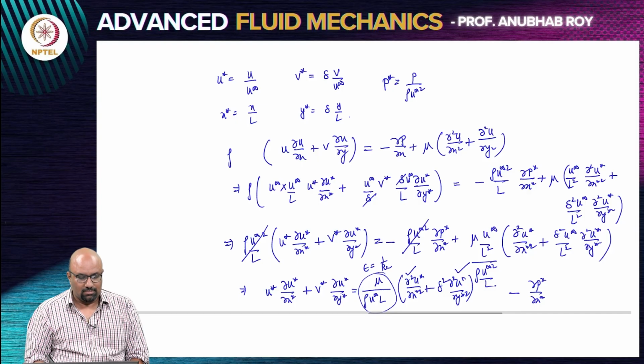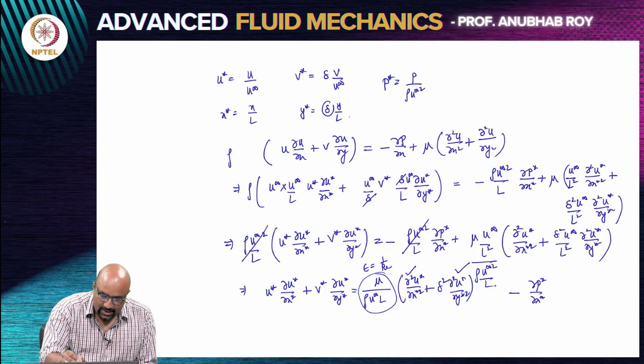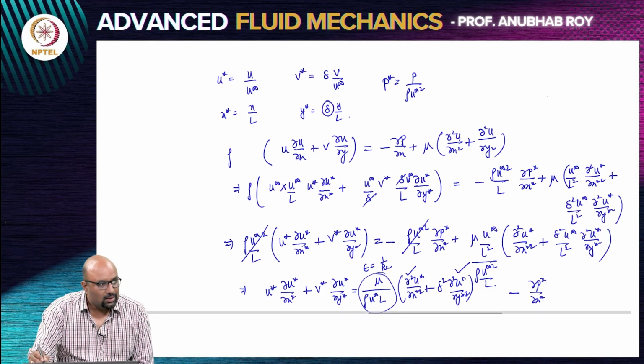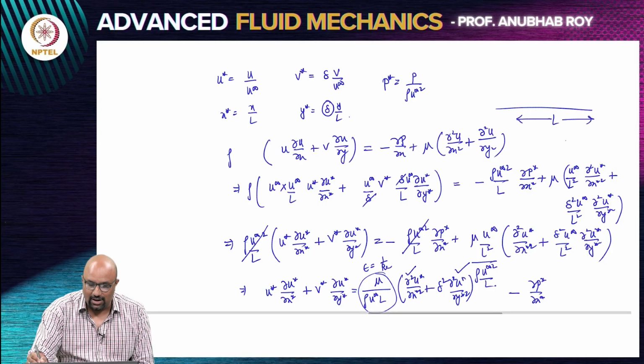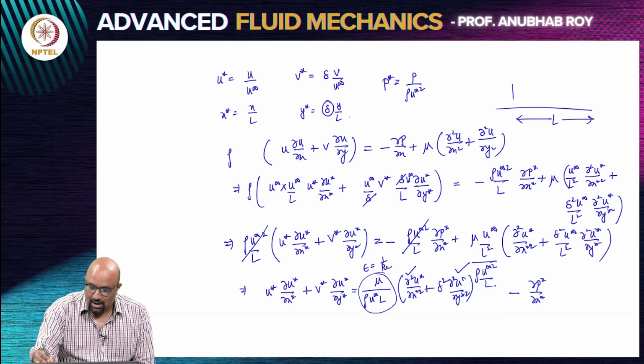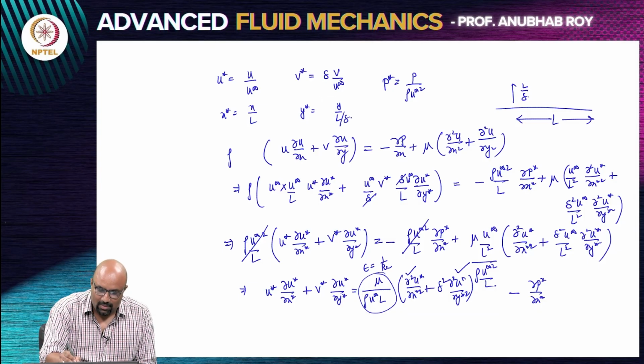Now what is your delta? Delta here is basically giving you the modification to your length scale in the y direction. So L is the non-dimensional length scale variation in the x direction. In the y direction, L by delta is the length scale.